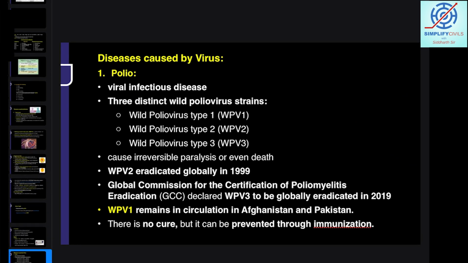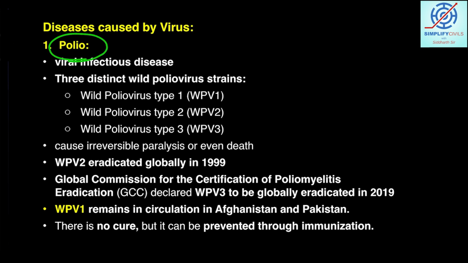Now let's look at the topic of the polio virus. My concern here is to discuss with you the polio virus, a very important topic, and we have truly eradicated polio completely from our country. There are 3 types of polio viruses: polio virus type 1, type 2 and type 3.